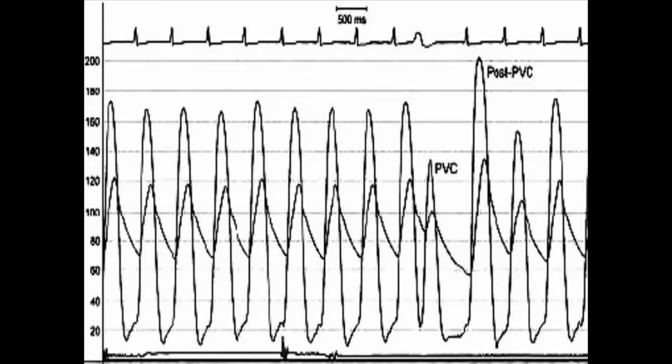Okay, what happened? There is gradual rise in the systolic pressure of the aorta with the rise in the systolic pressure in the LV, and so there is increase in both LV and aortic systolic pressure, and increase in the aortic pulse pressure.